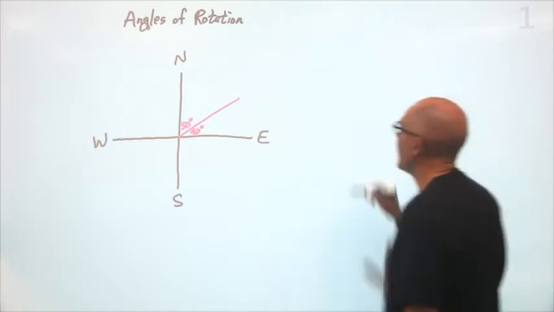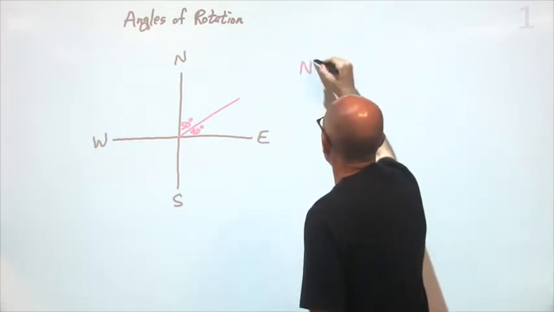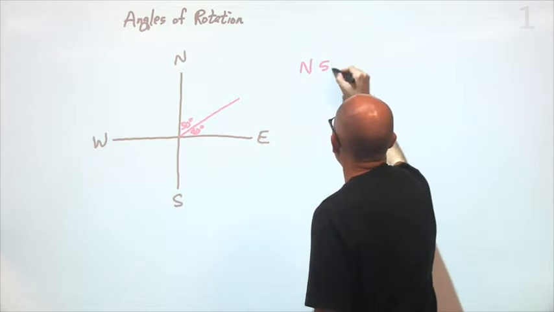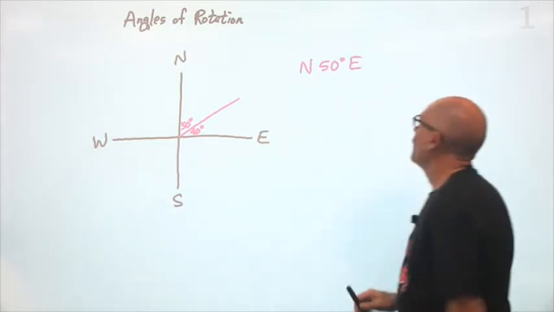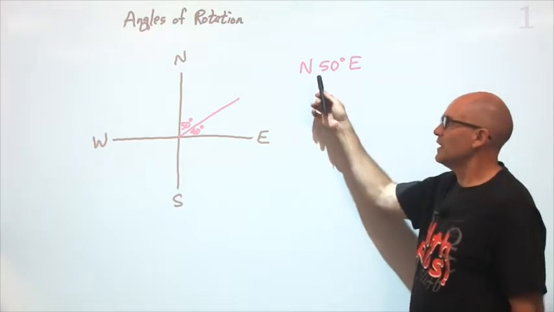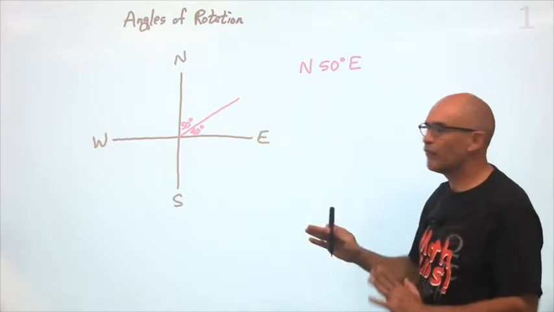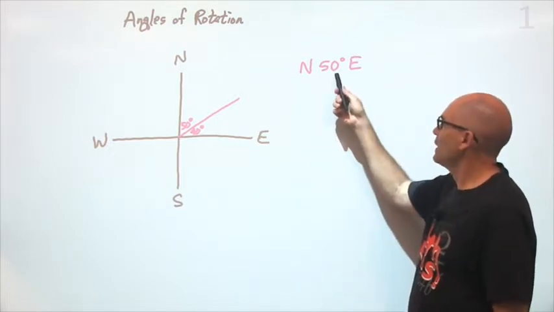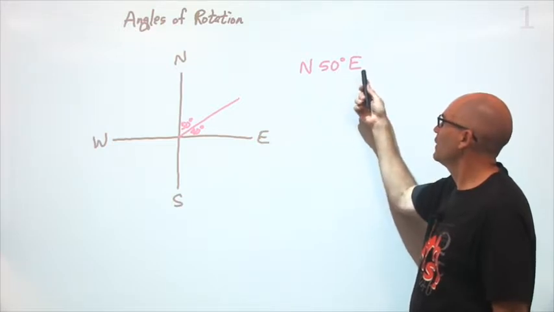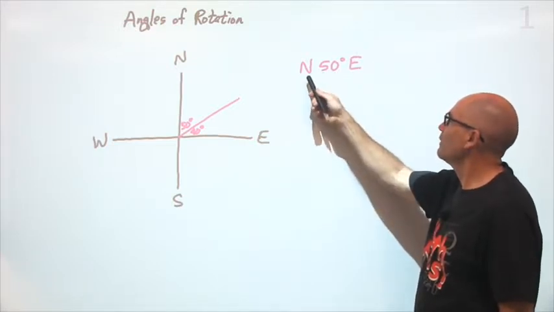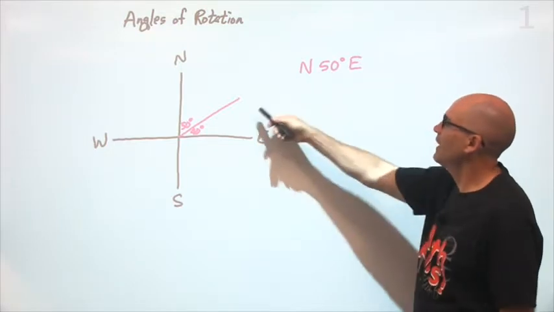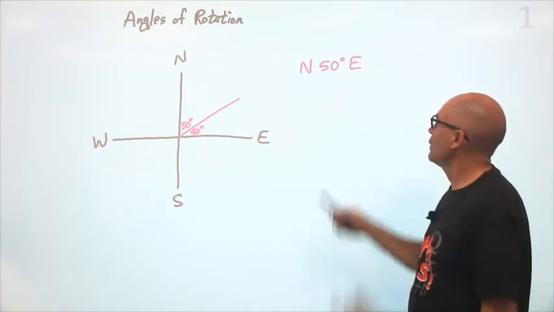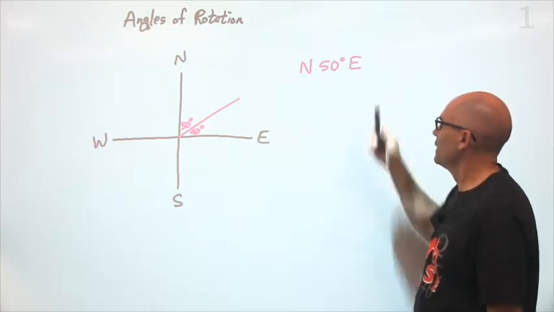So the way we say this is north 50 degrees east. So the first direction is saying that's where I'm starting from, and then the angle is how far it goes toward the second direction. So starting from north, if I go 50 degrees toward the east, then that's where I have it. So this is north 50 degrees east.